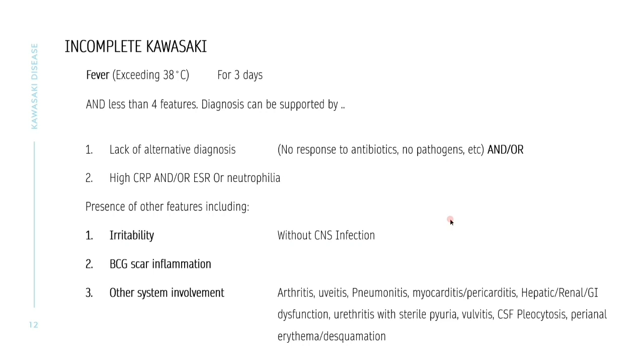You can get hepatic, renal, GI dysfunction, as in the case of Finley. You can get urethritis, vulvitis with sterile pyuria. You can have CSF pleocytosis, again without CNS infection. You can have perianal erythema and discoloration as well. All these are quite common in incomplete Kawasaki.